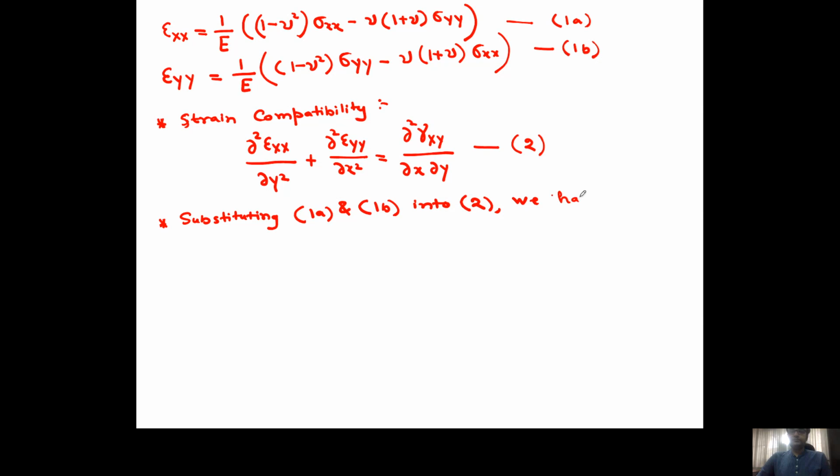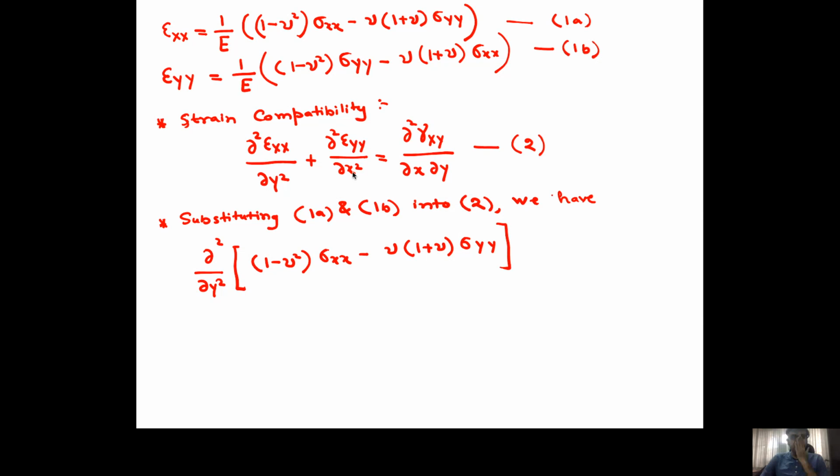So substituting 1a and 1b into 2, what do we have? Let us see. Del 2 del y2 is outside, and then instead of epsilon xx, I can write this term, which is 1 minus nu square sigma xx minus nu 1 plus nu sigma yy.